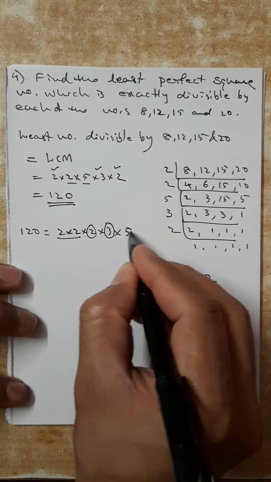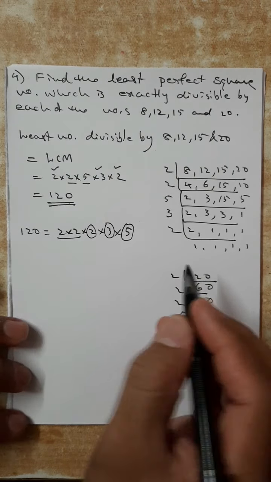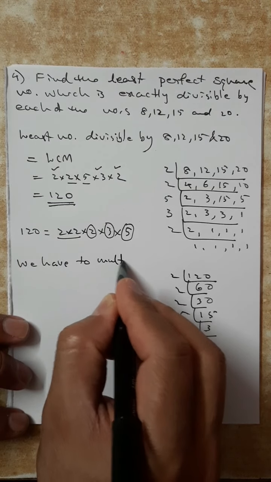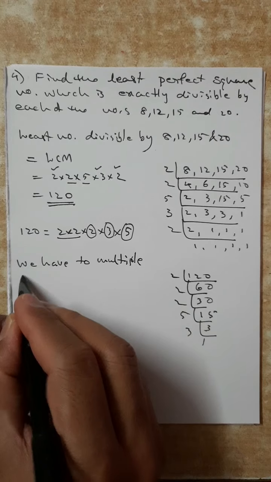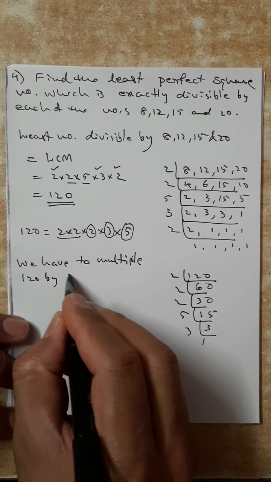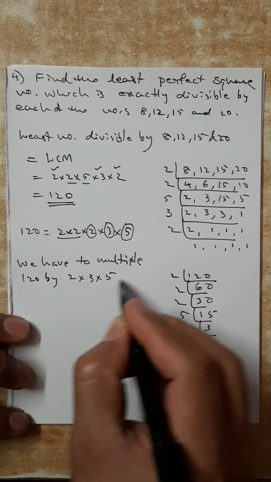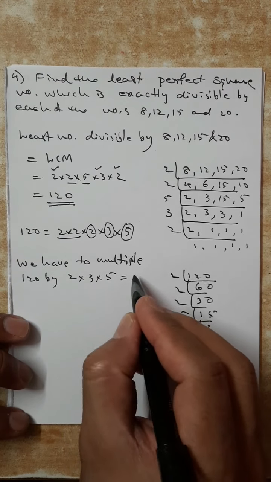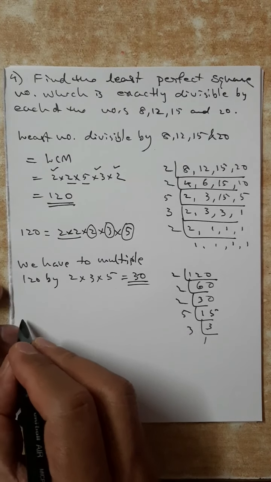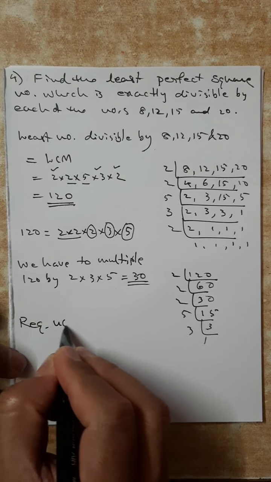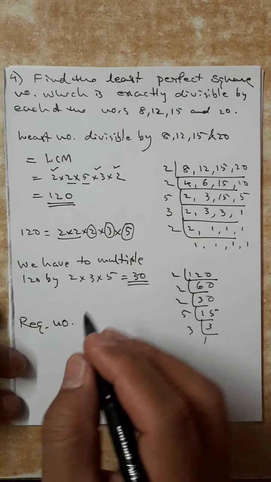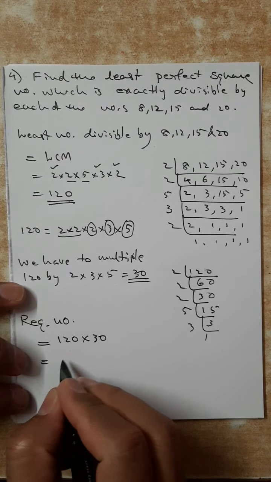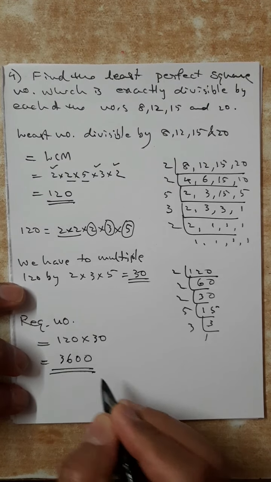These are all alone, so we have to multiply 120 by one 2, one 3 and one 5, that is 2 fives are 10, 10 into 3 is 30. We have to multiply with 30. That means the required number, the least square number which is divisible by all these, is equal to 120 into 30, that is 3600.